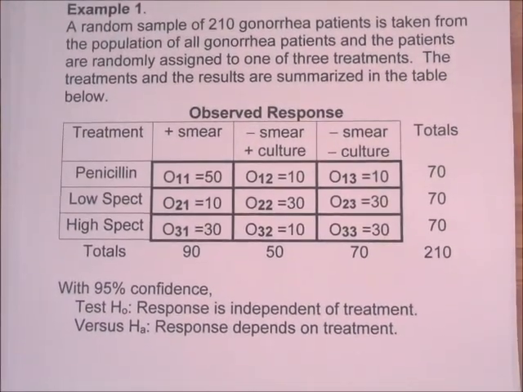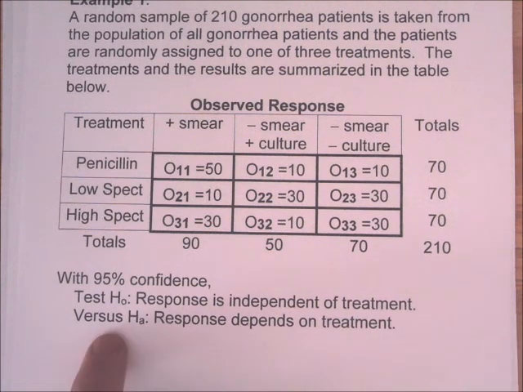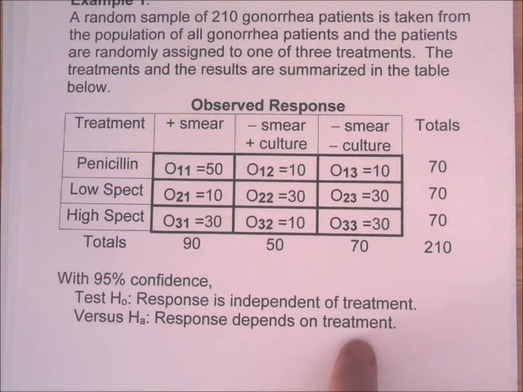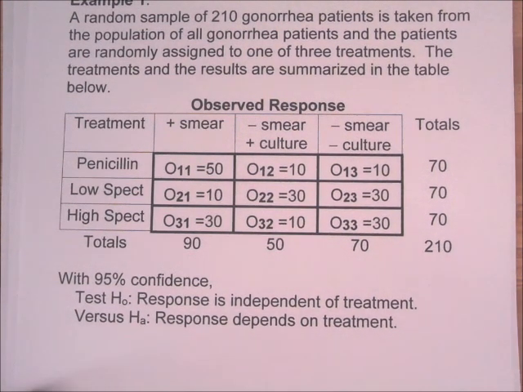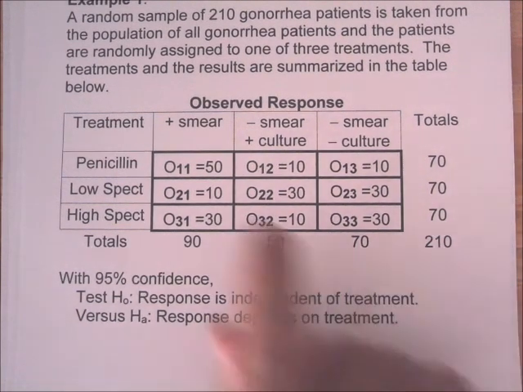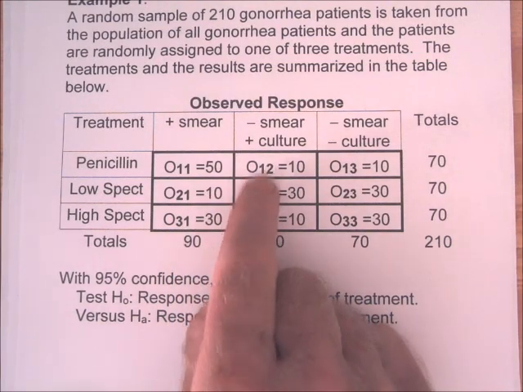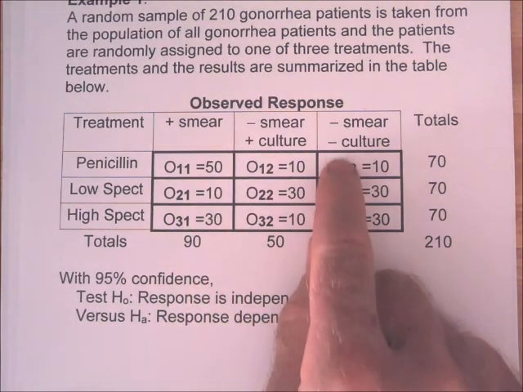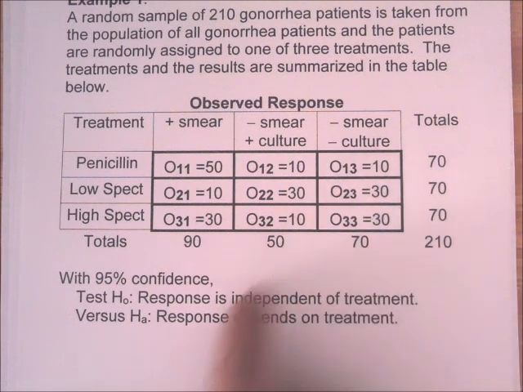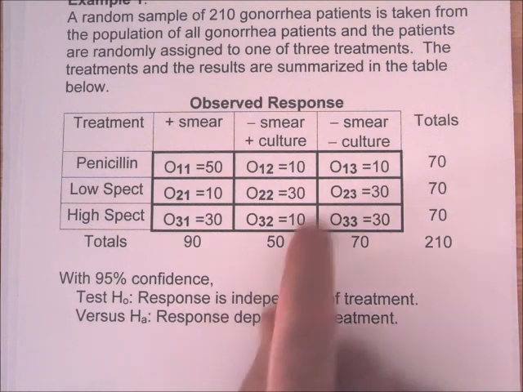With 95% confidence, we want to test H0, response is independent of treatment, versus HA, response depends on treatment. These are our observed values, and we want to compute a similar table of expected values if H0 is true, if response is independent of treatment.